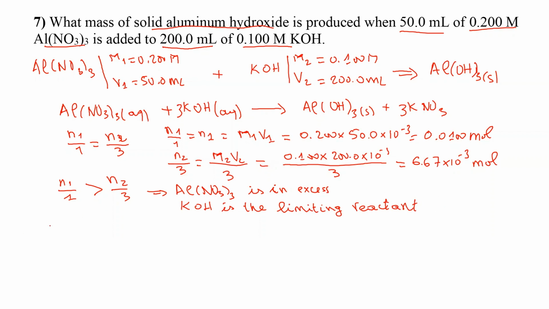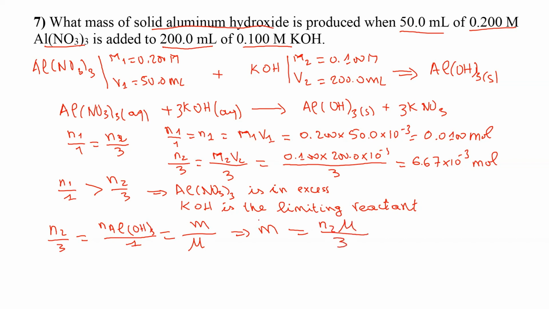Okay, and I know that N2 divided by 3 should be equal to N aluminum hydroxide divided by 1. And the number of mole of aluminum hydroxide is equal to M divided by the molar mass. So I know that the mass of aluminum hydroxide will be equal to N2 divided by 3 multiplied by M, so N2 times the molar mass divided by 3.